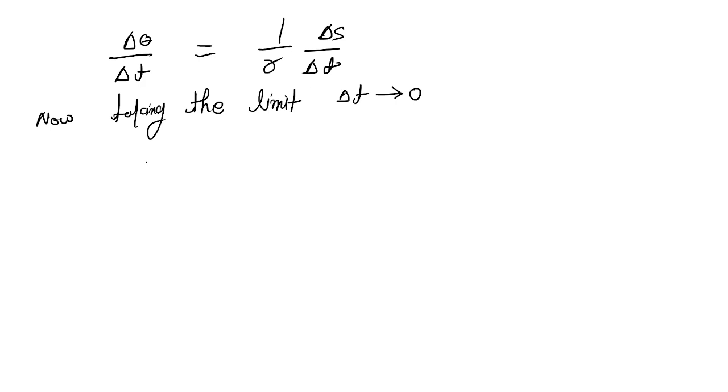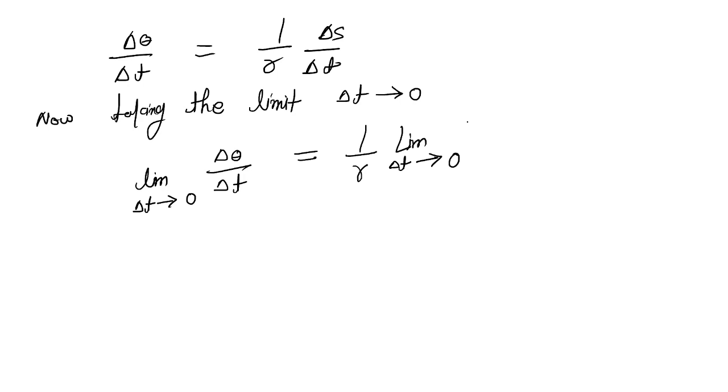So here we come out with limit delta t tends to 0 of delta theta over delta t is equal to 1 over r times limit delta t tends to 0 of delta s over delta t.